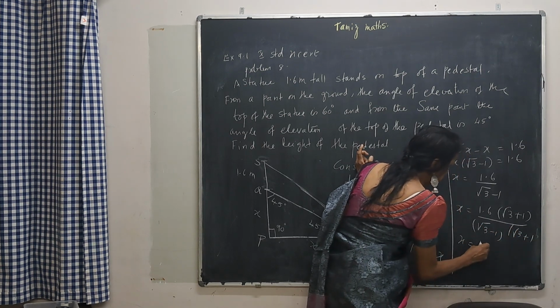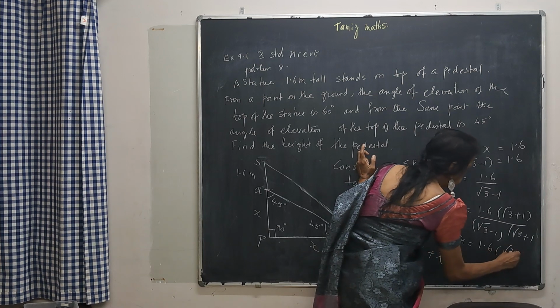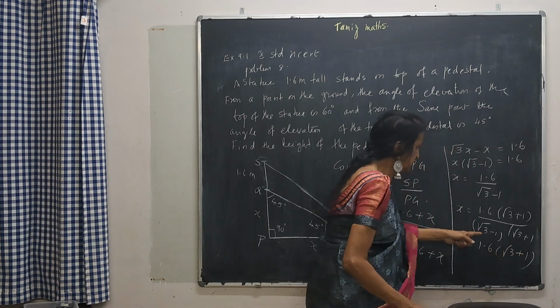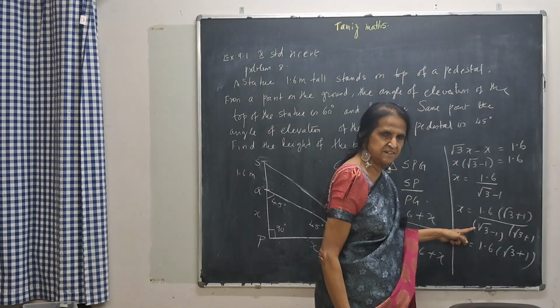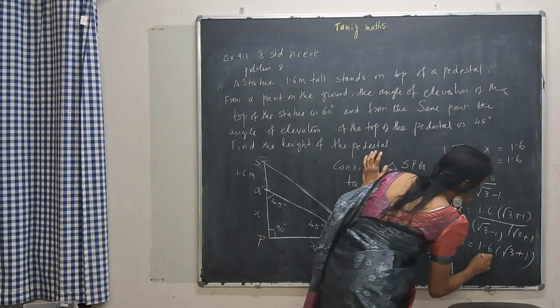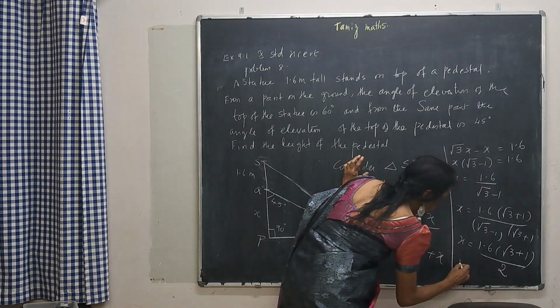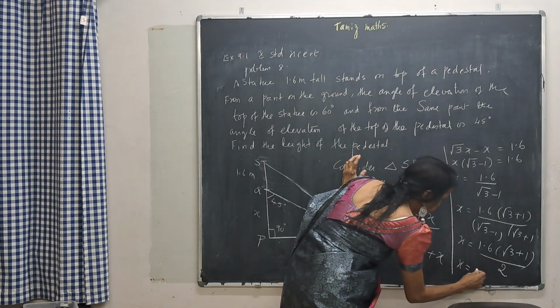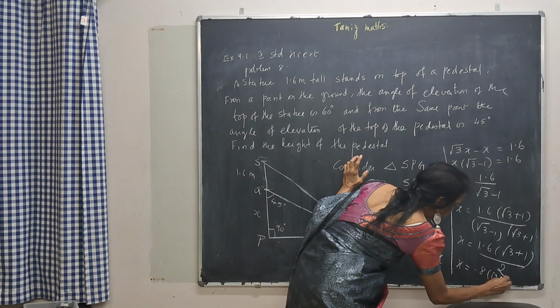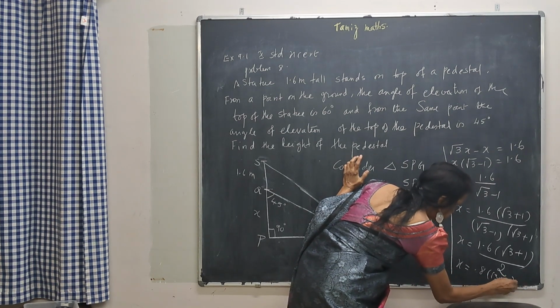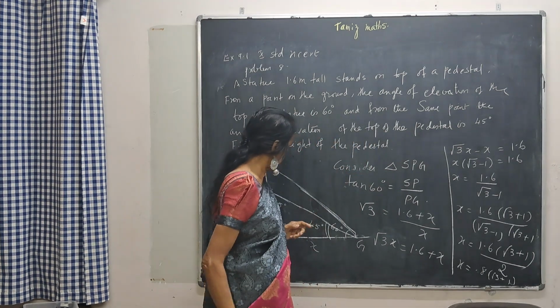So x is equal to 1.6 into root 3 plus 1 over a minus b into a plus b, a square minus b square. A square is 3, b square is 1. 3 minus 1, 2. So x will be 1.6 by 2, 0.8 into root 3 plus 1. So this is going to be the answer for the height of the pedestal.